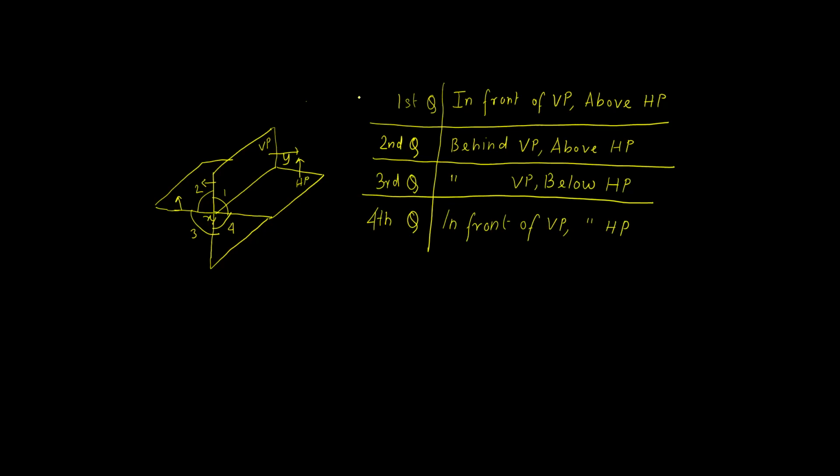Now, if you are assuming the object to be located in the first quadrant and then drawing the projections on the different planes, then the system of projection which you are following is called the first angle system of projection.